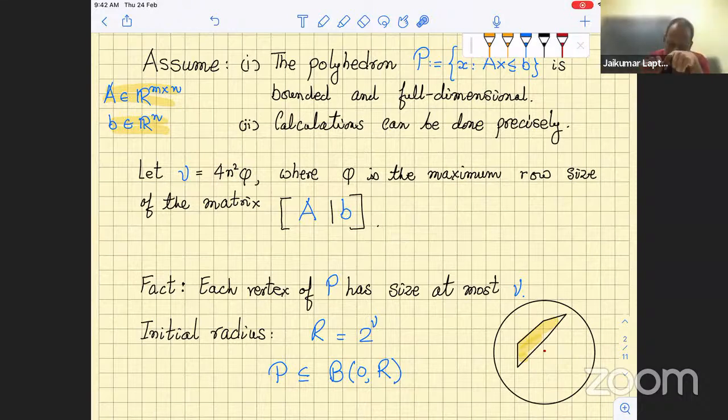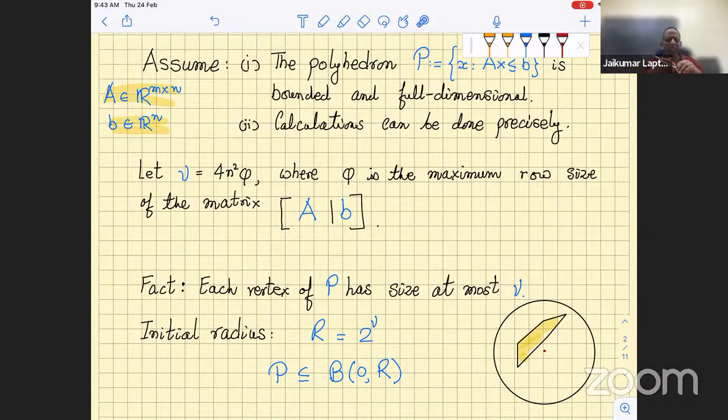The definition we are going to use is: look at all the numbers that appear in the row, look at their binary representations, add them up, and maybe you add one for each entry. So if the row has n entries, first of all you write n, plus you look at the binary representation lengths of all the numbers and you add them up. That we define as the size of the row.